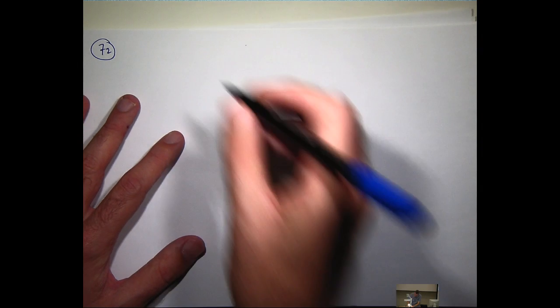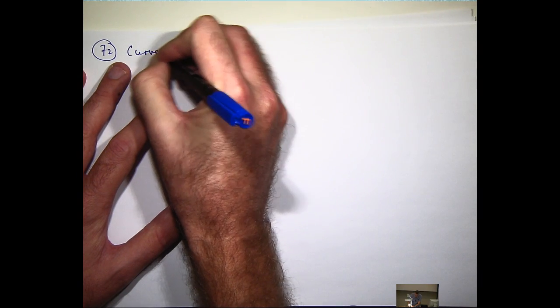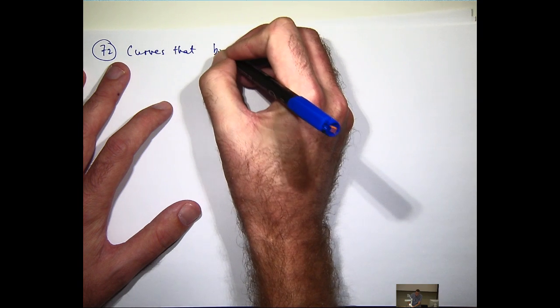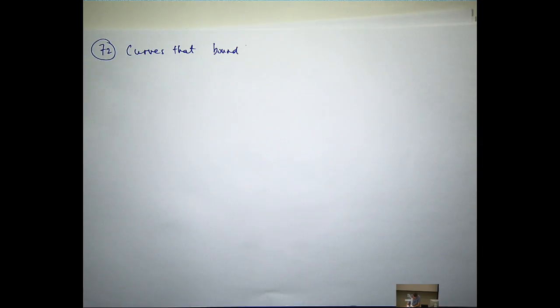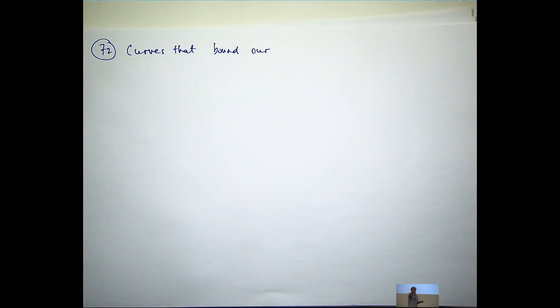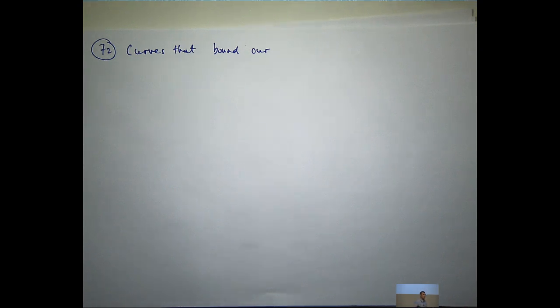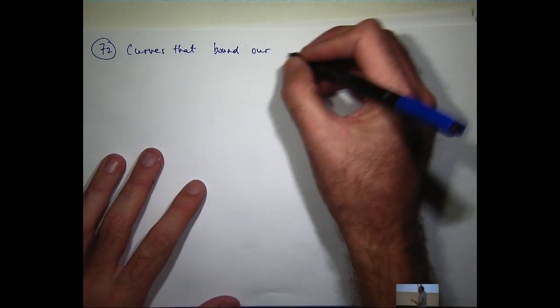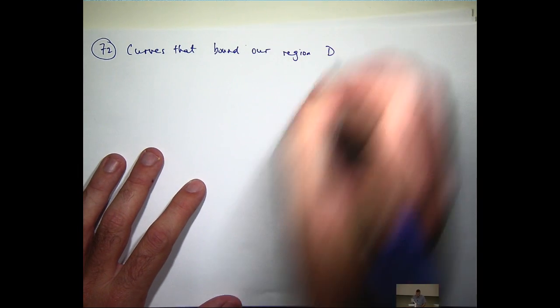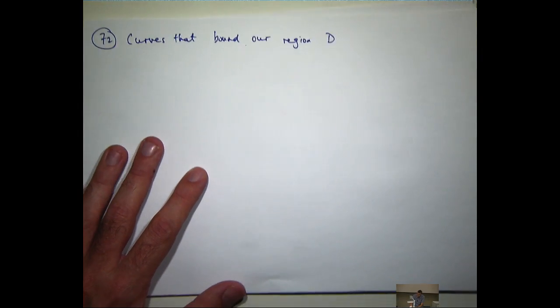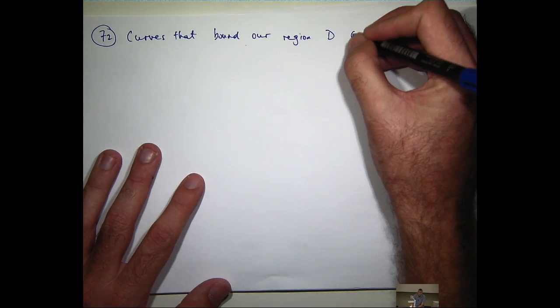Okay, so the curves that bound our region, let's call it D, are the following.